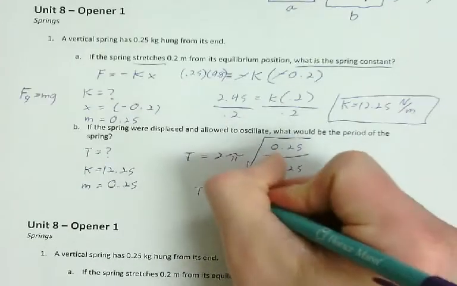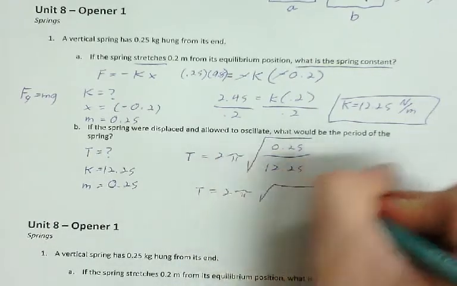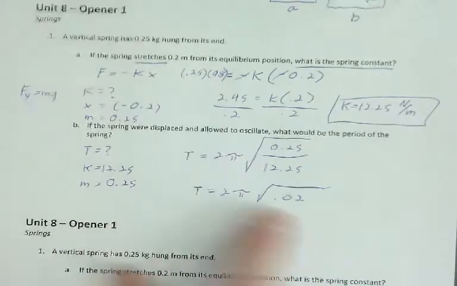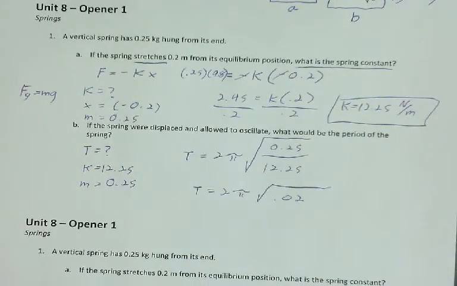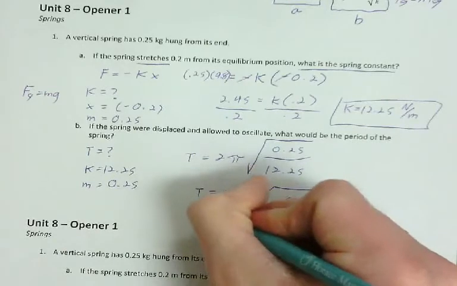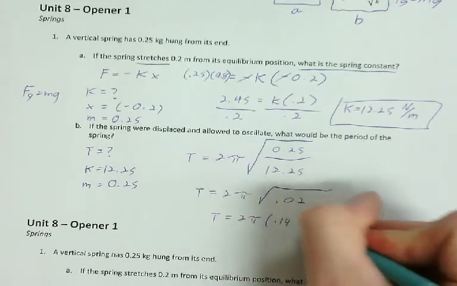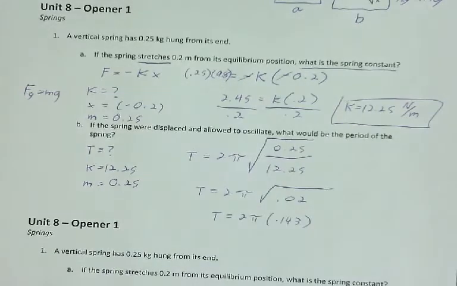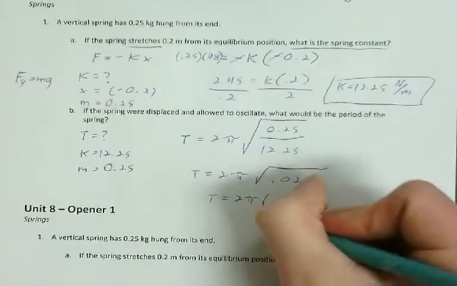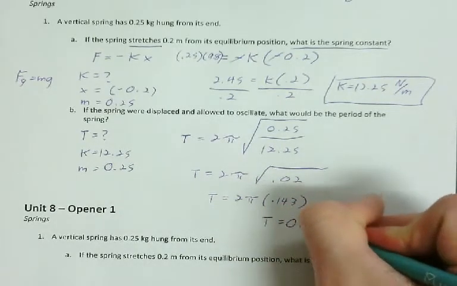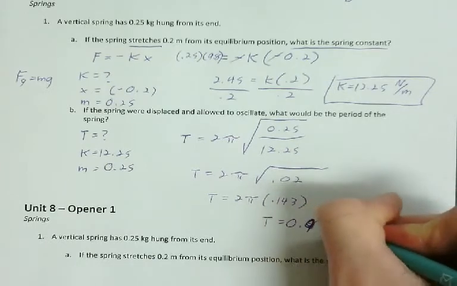Period is equal to 2 pi times the square root of 0.02. So square root that number. You get period is equal to 2 pi times 0.143, and times pi times 2. You get the period to be 0.90 seconds.